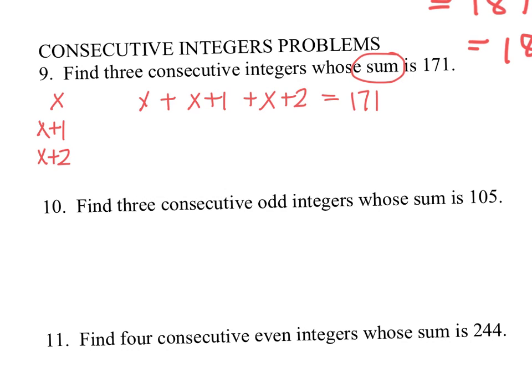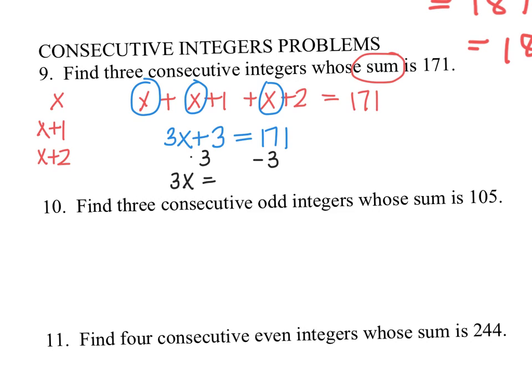Combine like terms, x, x, and x, we get 3x plus 1 plus 2 is 3, and that equals 171. Then we just go through and solve this problem for x. Subtract 3 on both sides. We get 3x equals 168.